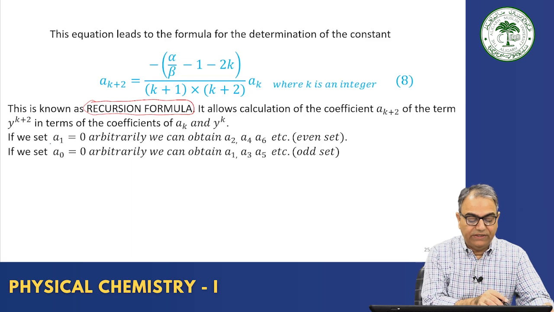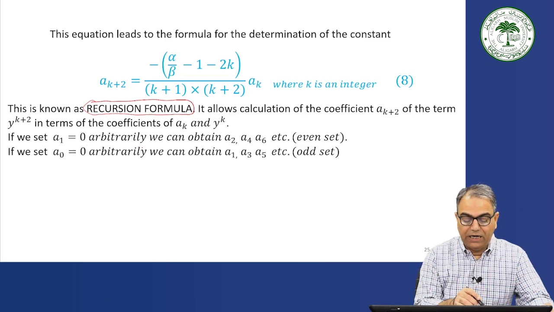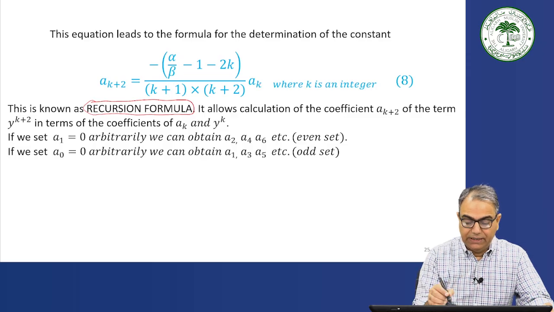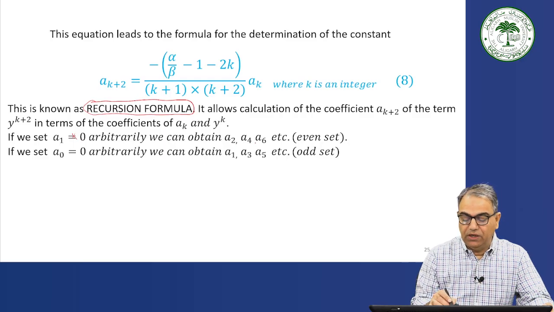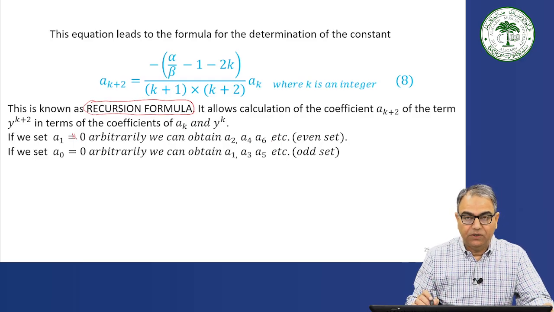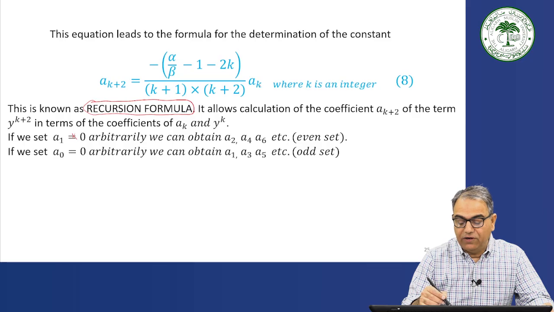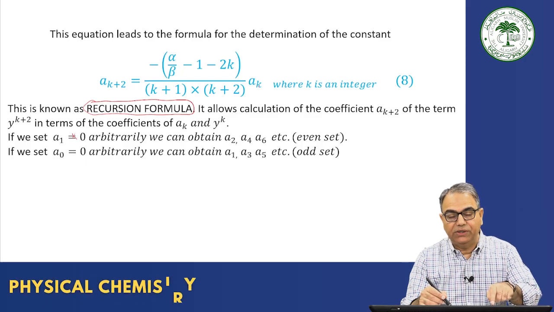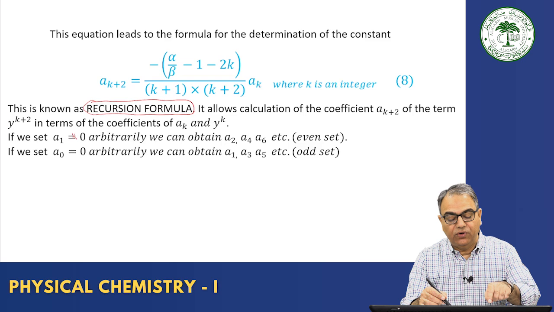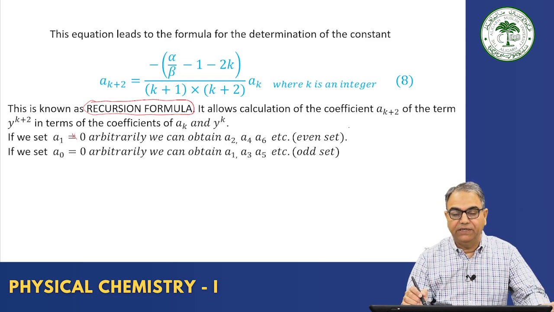So if we set a1 is equal to 0 arbitrarily, then you can generate a2, a4, a6 and so on. From k is equal to 0, you generate a2. Once a2 is generated, you put the 2 value here, you can generate a4. Once a4 is generated, you put 4 here, you will generate a6. So you get an even series.